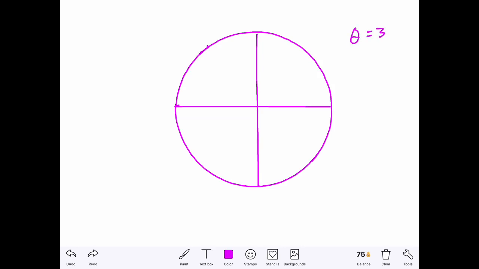Theta equals 315 degrees, which in radians, if we converted, 315 degrees times pi over 180. And that's going to give me 7 pi fourths.